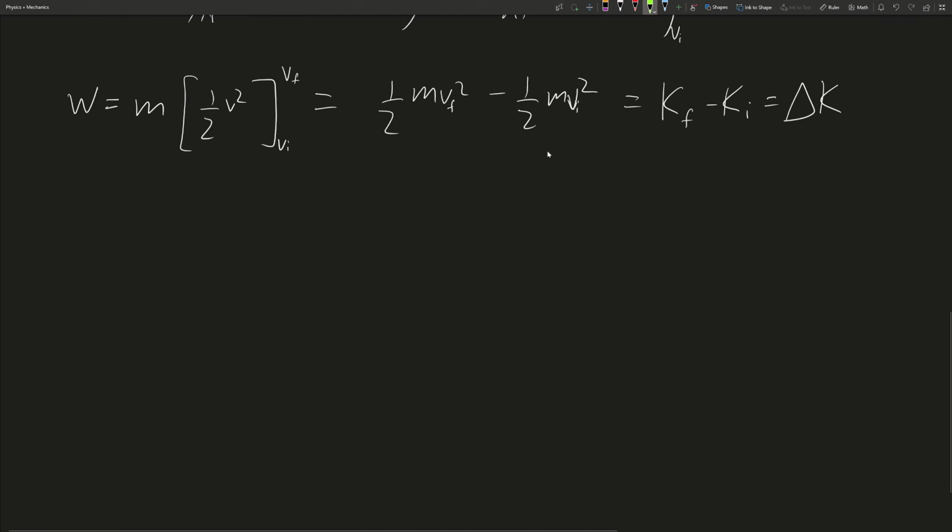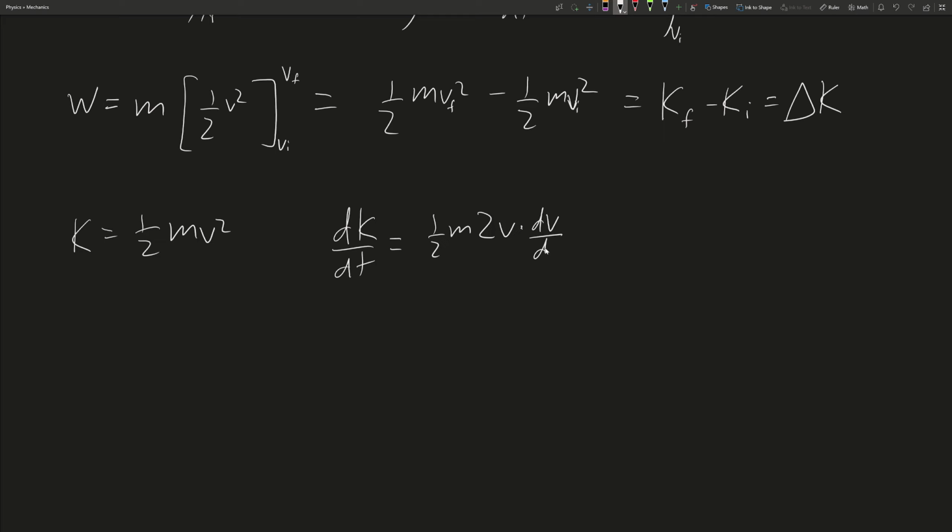Now we can show that the same principle applies even if we're starting off with kinetic energy. So we can write that kinetic energy here is equal to 1/2 mv squared. Now, if we take the derivative with respect to time of both sides, we find that dK/dt is equal to 1/2 m 2v times dv/dt, because remember, you have to apply the chain rule since velocity varies with respect to time.